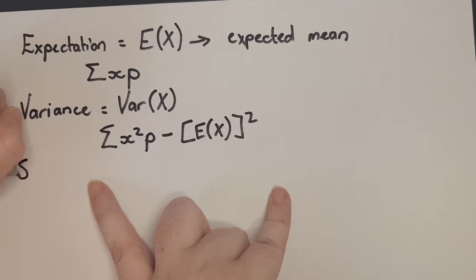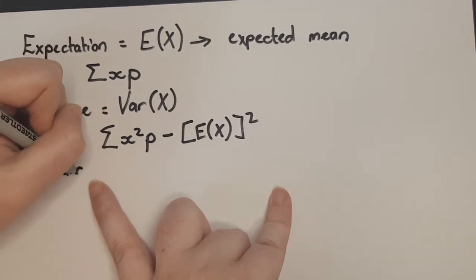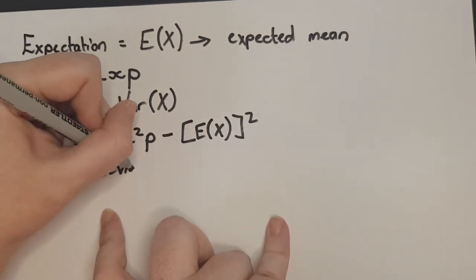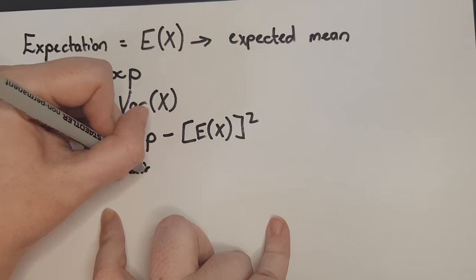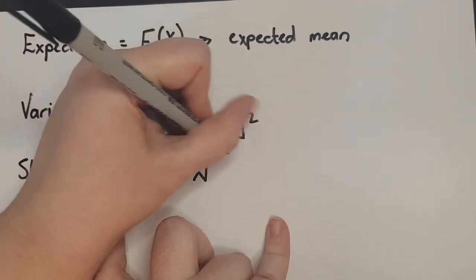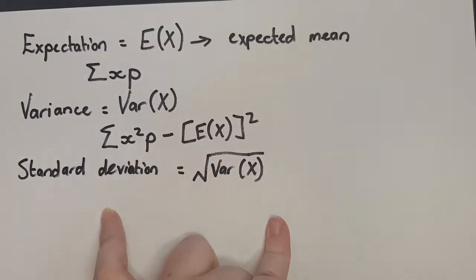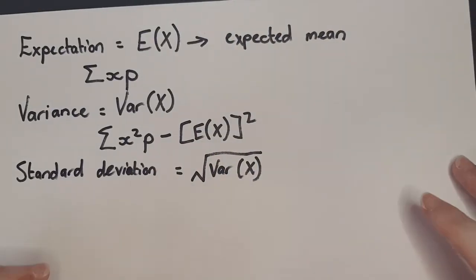And if I want the standard deviation, all I'm going to do is take the square root of the variance, so the square root of the variance of X, just like we did last year.